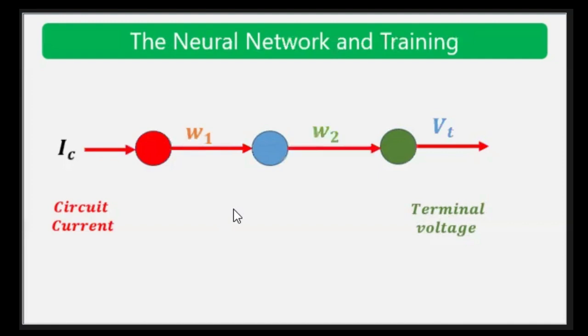So this is the neural network architecture that we need to construct to determine the internal resistance. A very simple example, right? One input layer, one output layer, one hidden layer. So how are the layers connected in between? Using the weights. There is a weight connecting this one, W1, and a weight connecting this one, W2.